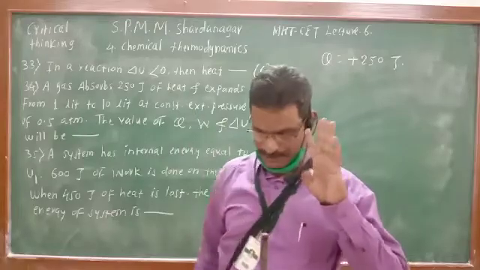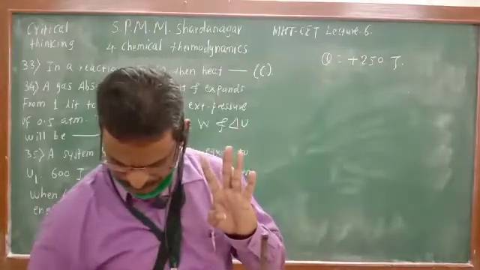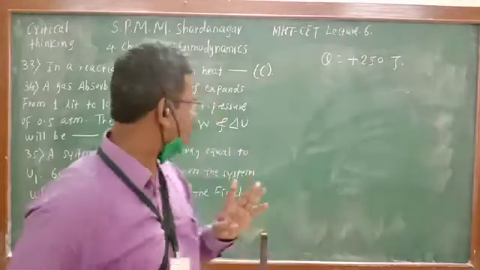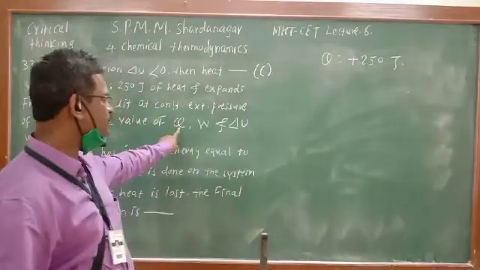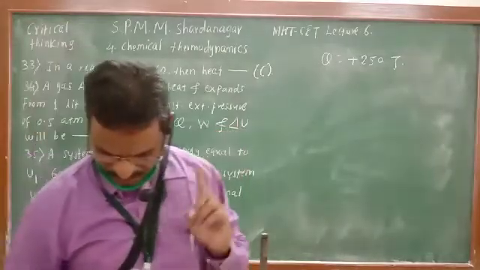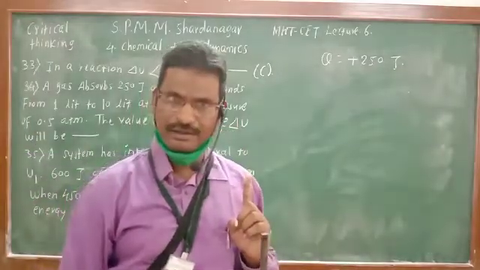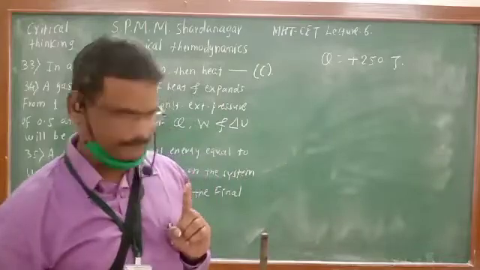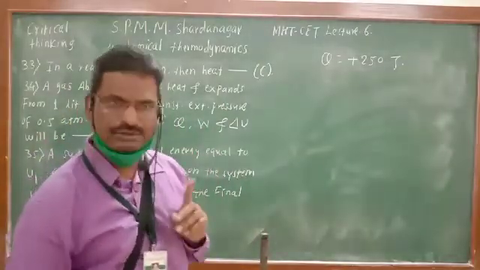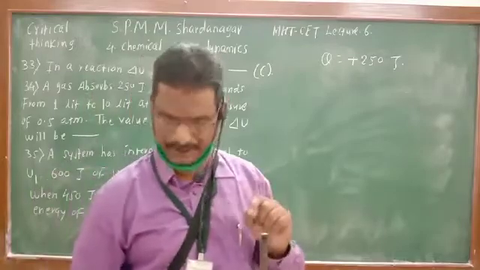See, they have given 4 options. What is the sequence? First answer Q, then W and then delta U. In the first option, Q is positive 250. That is correct. In the second option also Q is plus 250. So that is also correct.